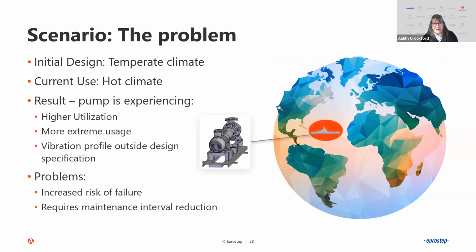What has happened in this completely fictitious scenario is that there's a pump in this frigate that is now experiencing higher utilization, more extreme usage, which leads to vibration profiles outside the design specification for that pump. And this has some problems, increased risk of failure, and the easy solution is it requires a maintenance interval reduction. So you have to maintain it more often.